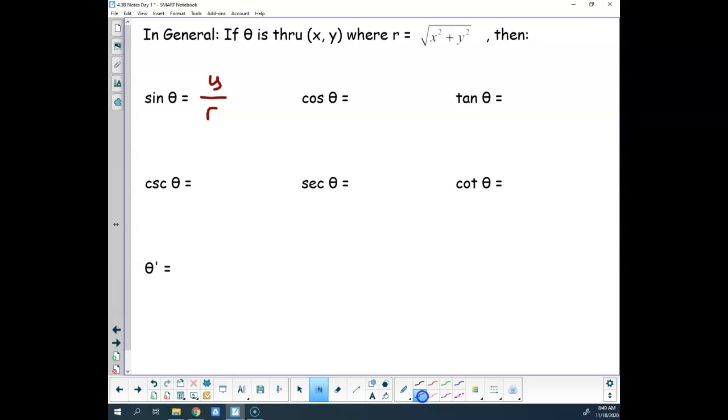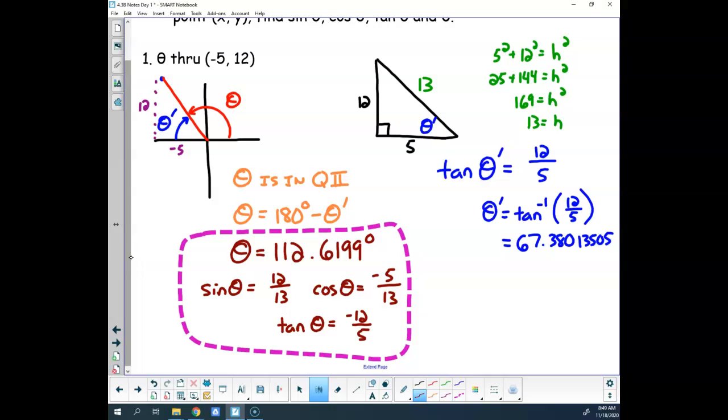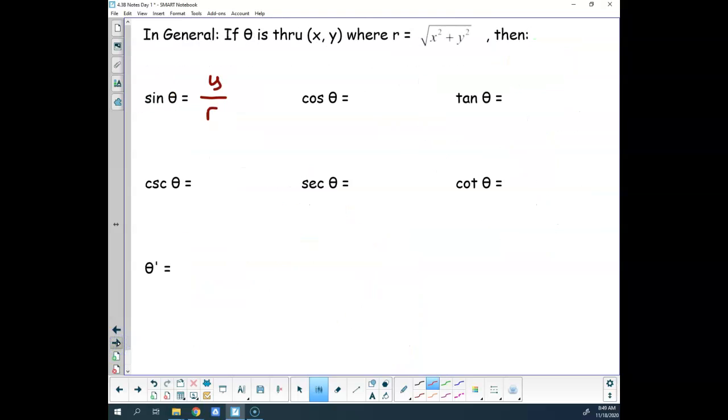If we go back here for a second, here's my y value. Here is my r value. So it's y over r. Cosine would be x over r. Tangent is y over x.